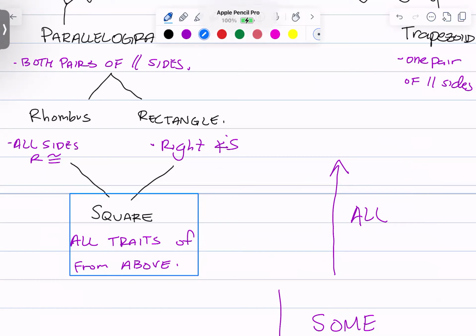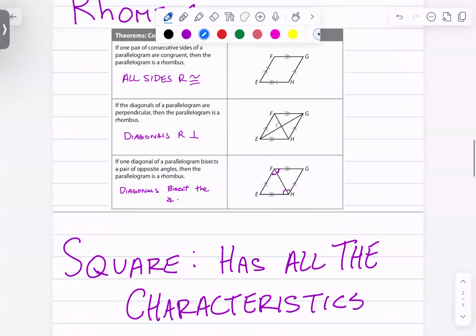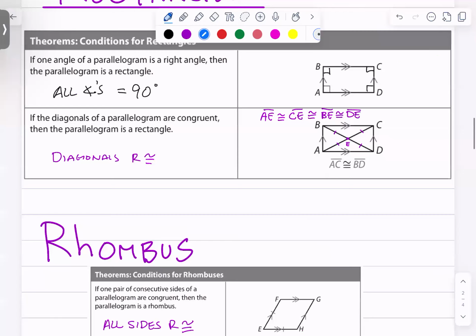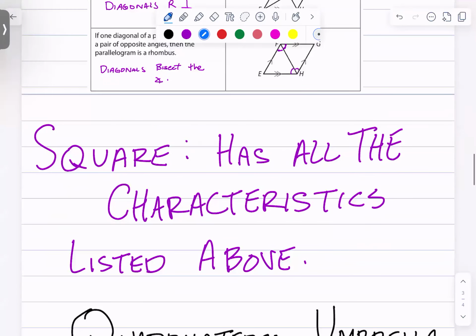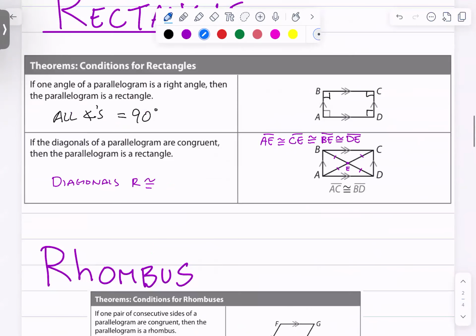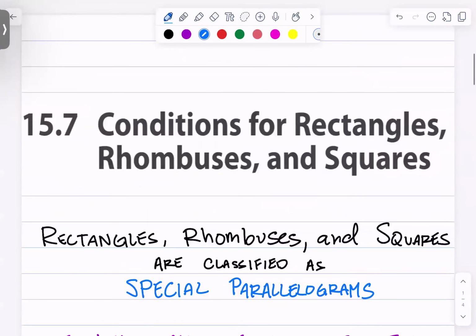So know the theorems, and know what makes a rhombus a rhombus, what makes a rectangle, and a square. And that is your lesson for today, on 15.7, rectangles, rhombuses, and squares.